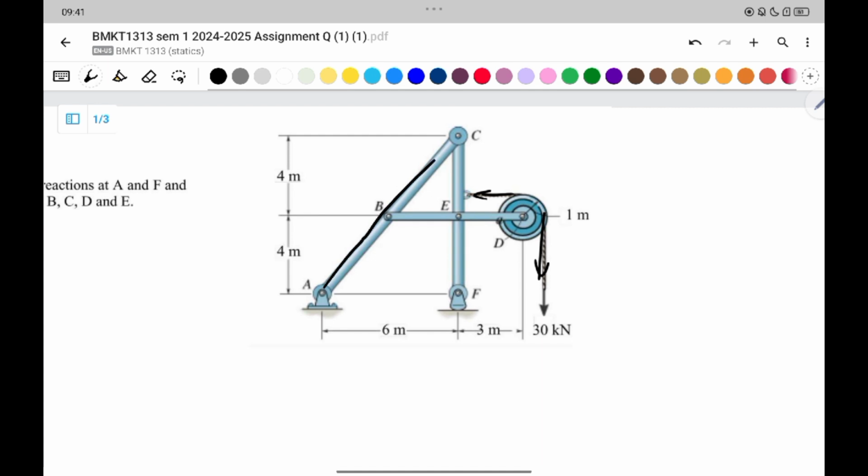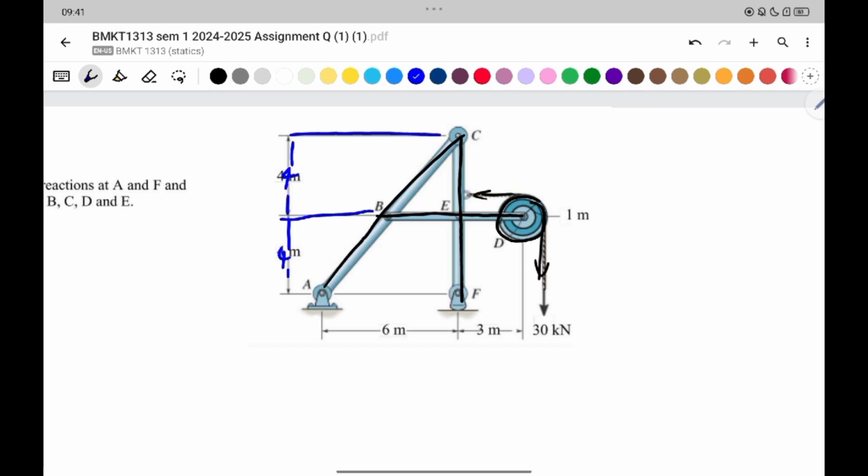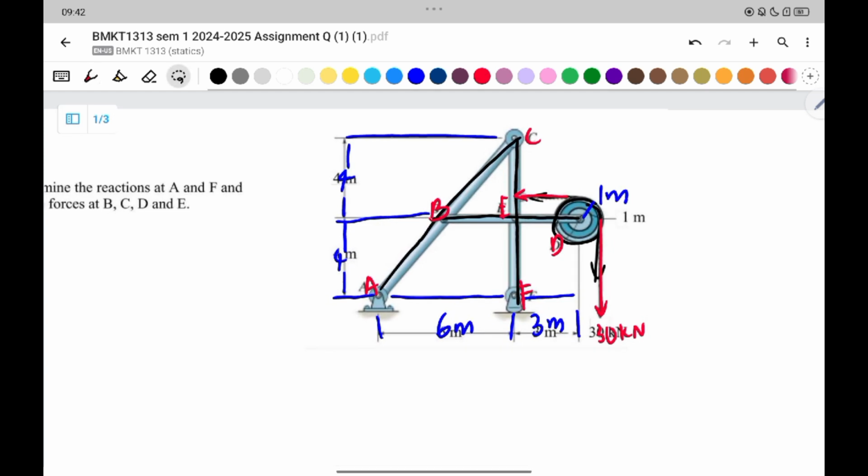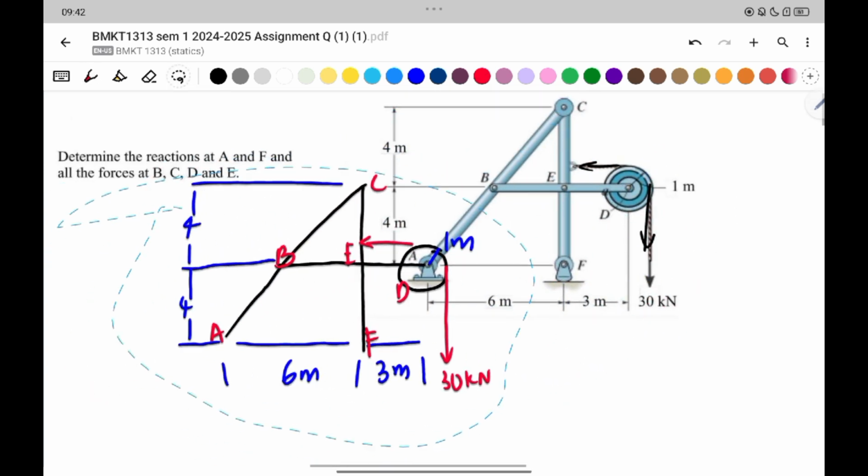So we draw the free body diagram. Okay, so this is our free body diagram for the entire frame.